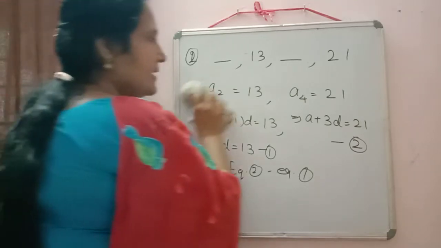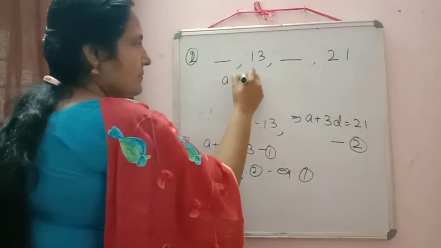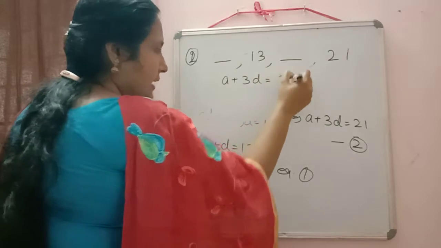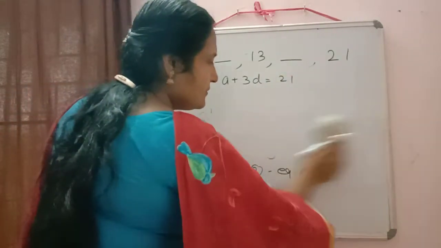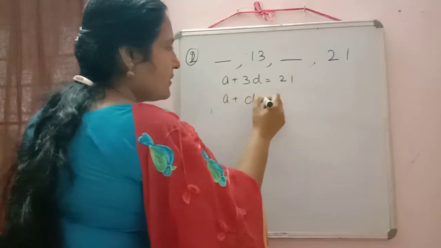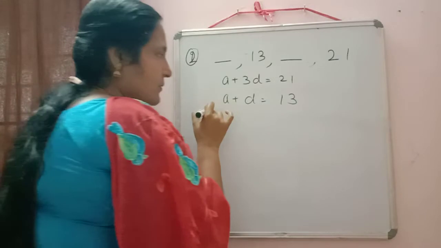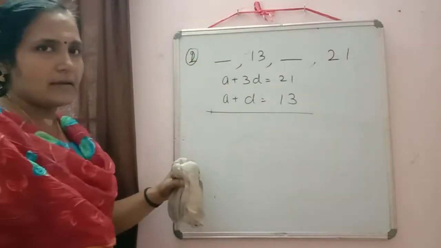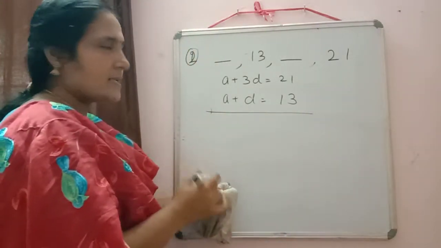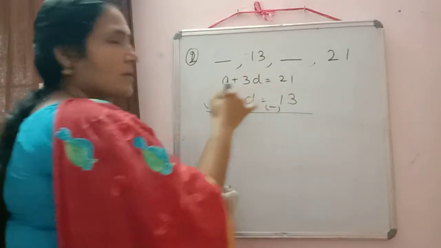A plus 3D equal to 21 and A plus D is equal to 13. Now what we have to do? Subtraction. Equation 2 minus equation 1. So when we are doing the subtraction, sign will change of all the terms which are at the bottom there.